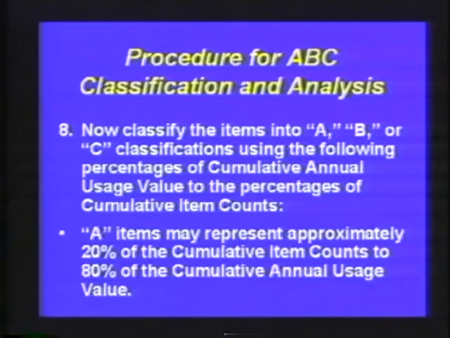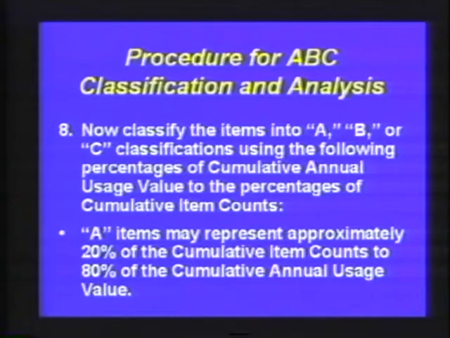The A items are identified as approximately 20% of the part numbers are represented by approximately 80% of the annual usage value. And if you remember in the previous exhibit on page number 12, we indicated that we did not have 80%, it was 71 point some percent, okay?